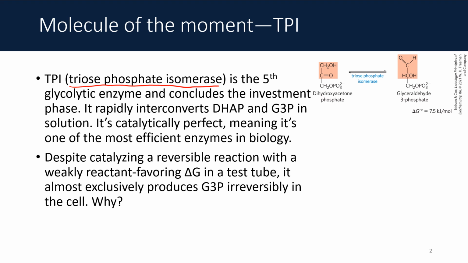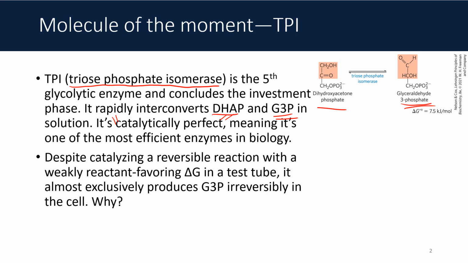I'll remind you that TPI, its job is to rapidly interconvert DHAP, dihydroxyacetone phosphate, and G3P, glyceraldehyde 3-phosphate. And TPI is one of those rare instances of a catalytically perfect enzyme, which means it's incredibly efficient, if not one of the most efficient enzymes out there.